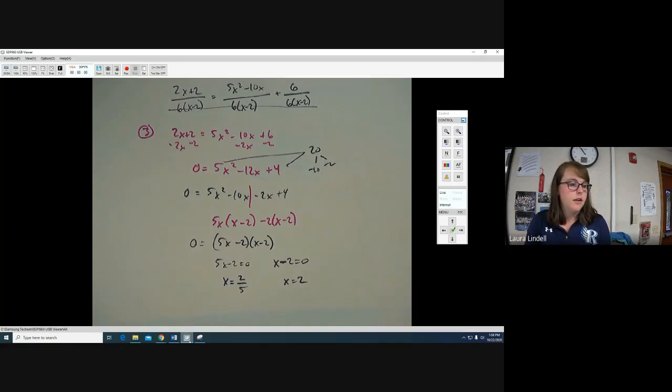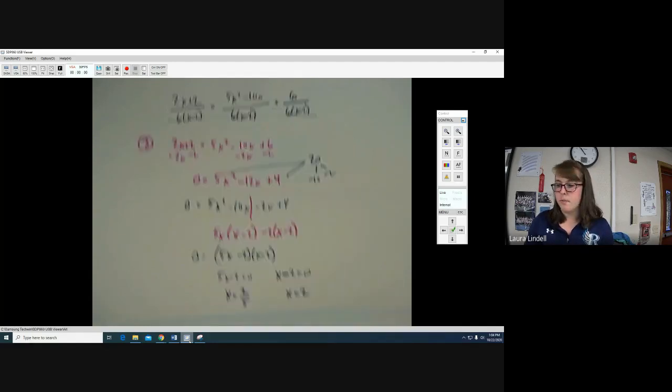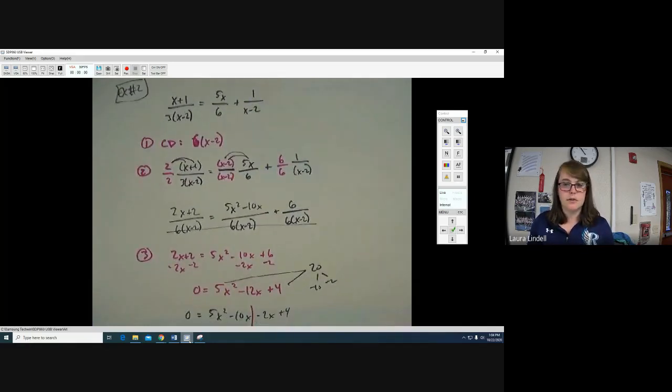Okay. So we've solved it, we've factored it. We have two solutions. Will both of these solutions work? What do we think? We look back up at our equation here, our original equation. Does x equals 2/5 and x equals 2 work? No. Why not?